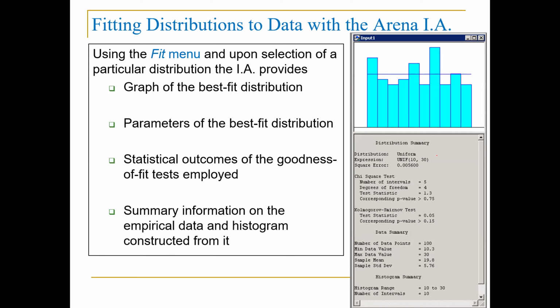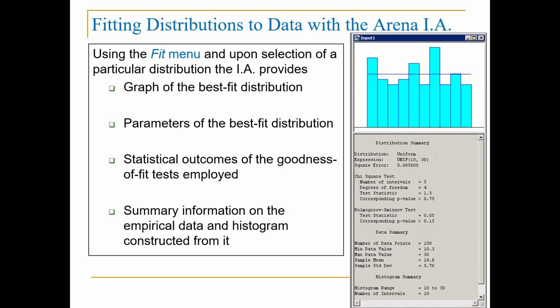Since we are trying to fit the uniform, that horizontal line is the shape of the uniform. Based on that distribution, we get certain statistics. Using the fit menu and upon selection of a particular distribution, it provides the graph and the parameters of the fit distribution. These are the parameters that we got for that distribution.